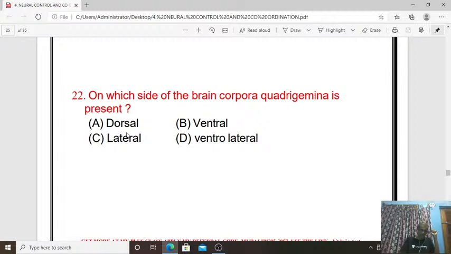So for the 22nd, the answer is A. In the dorsal region of the brain, we can observe the presence of corpora quadrigemina. That is the structure observed on the dorsal side of the human brain. So A is the right answer.